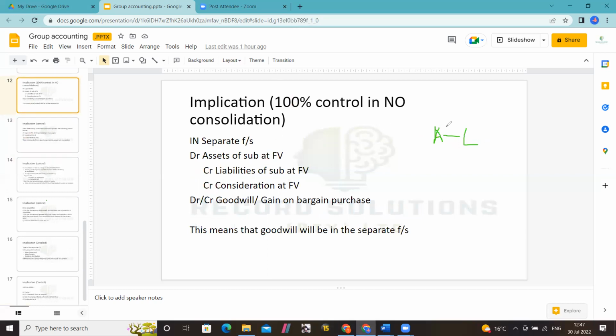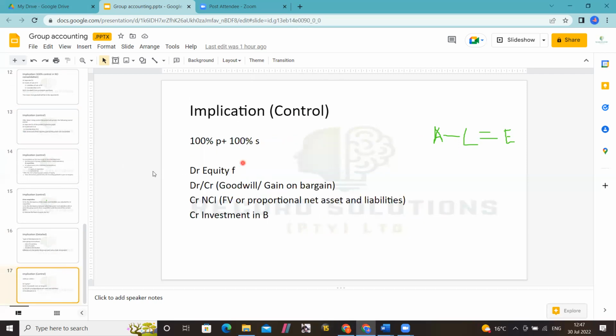Now, assets minus liabilities, what else is it equal to? It's equal to equity. So equity is also the value of the business. So the equity that we eliminate here is the value of the business.